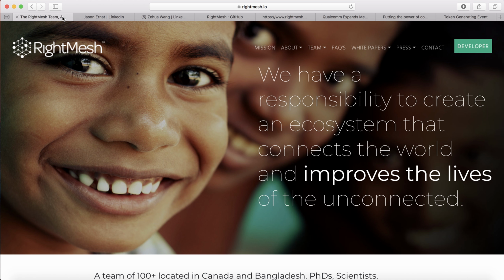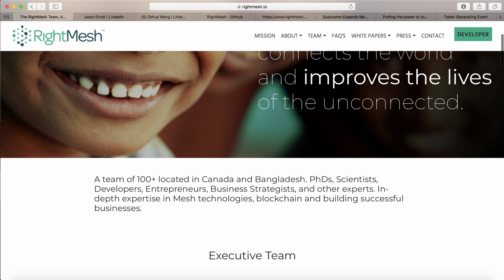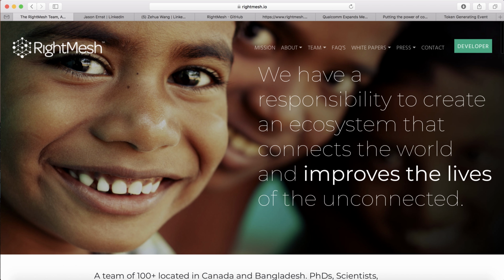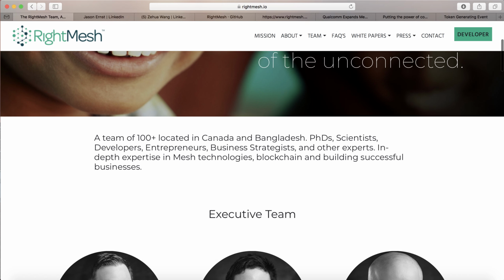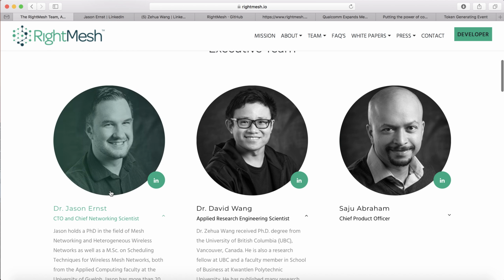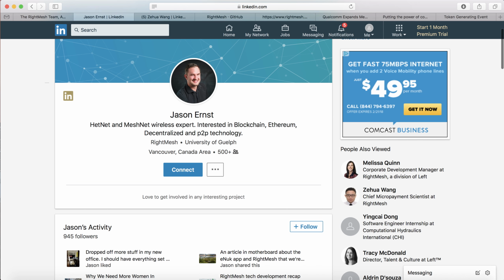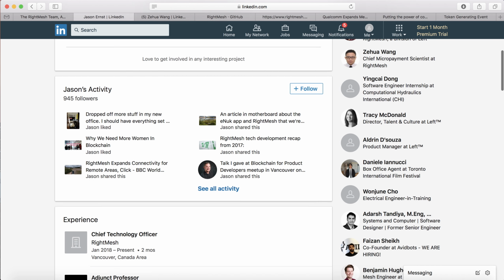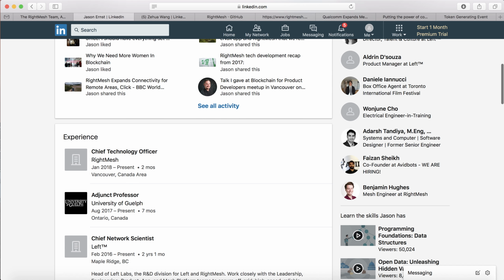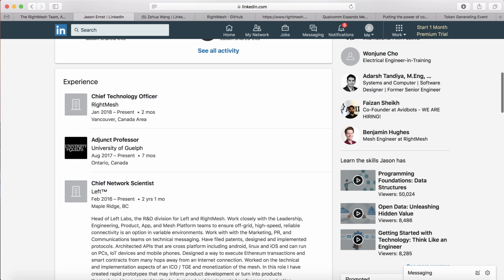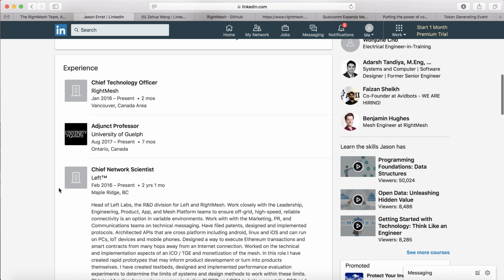When we go back to the website, they talk about a team of over 100 people located in Canada and Bangladesh. They have PhDs, scientists, developers, entrepreneurs, and also a business strategist for this project. If you go to the team, Jason is the CTO of RightMesh, and also an adjunct professor at the university, and he's also chief network scientist at Left.